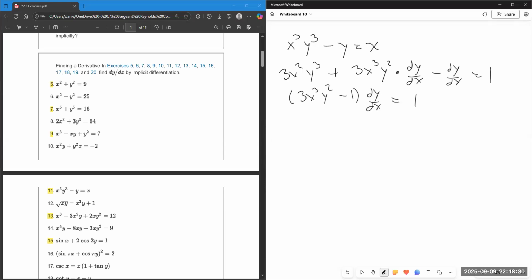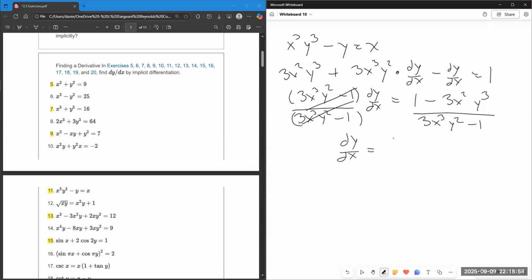Take my other terms to the other side, 1 minus 3x squared y cubed. And then we're going to divide both sides by 3x cubed y squared minus 1. dy dx is equal to 1 minus 3x squared y cubed over 3x cubed y squared minus 1.